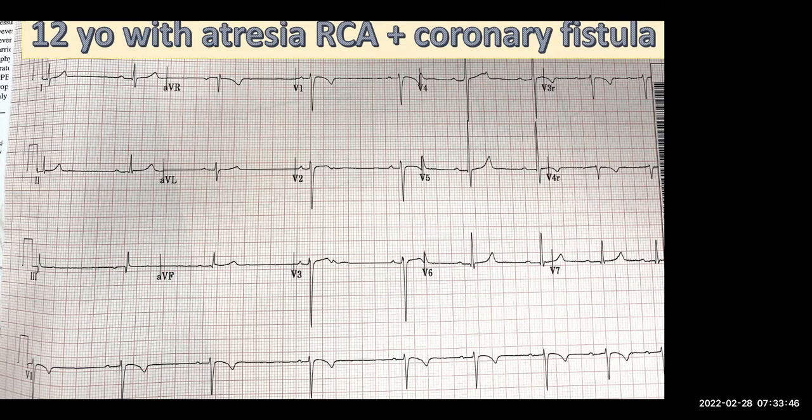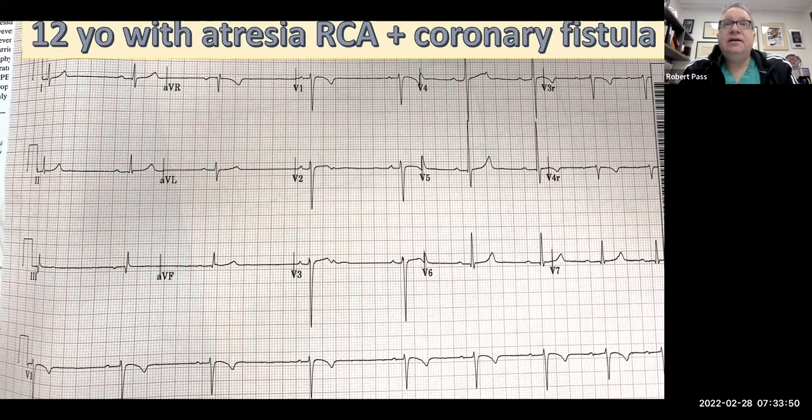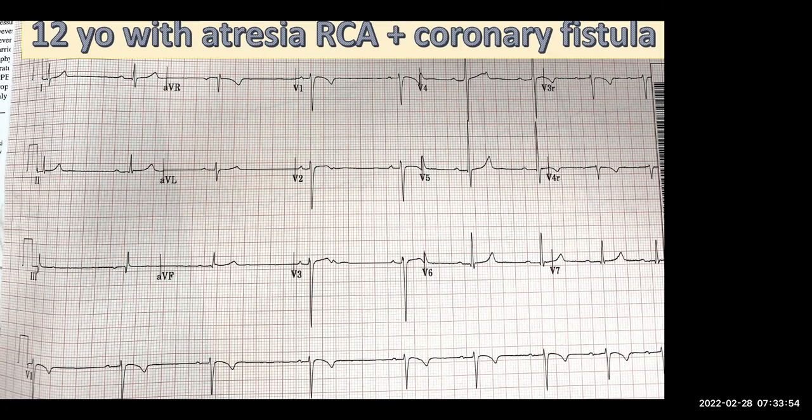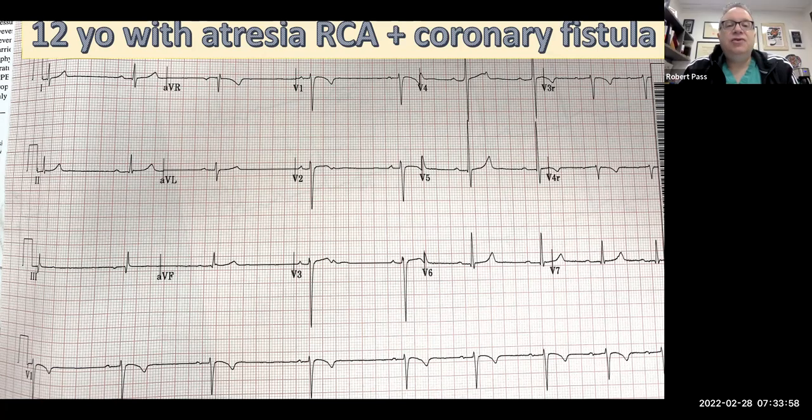I don't know if the AV nodal area is also. Well, the distal right can supply the AV node. So it's an interesting question whether this could represent some problem with perfusion of the sinus node and the AV node.